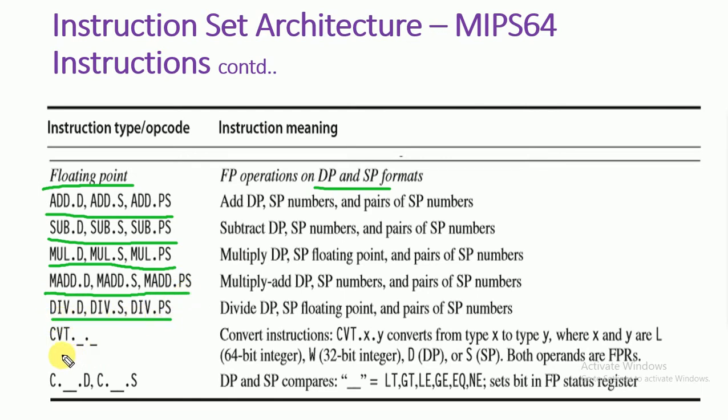Then these are convert instructions to convert from one type to another. One example is cvt.x.y, which converts from x type to y type. If that situation arises, we can use this instruction.